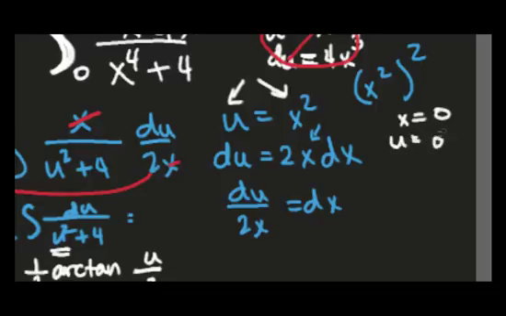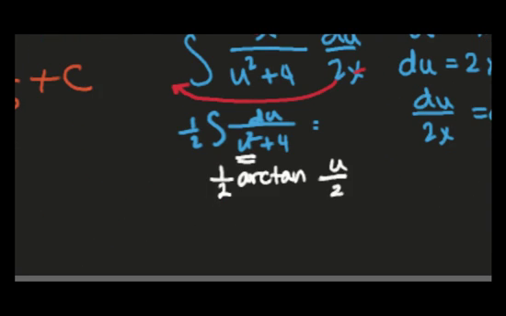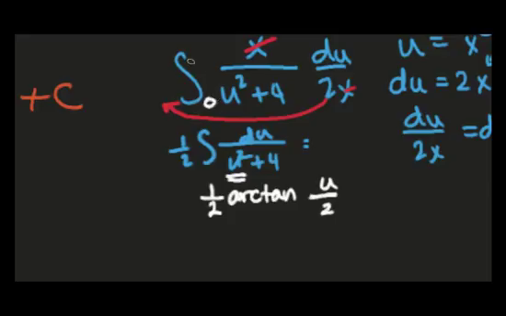Let's figure out what u equals. Well, 0 squared is what? 0. And then when x equals 1, what are we going to get? 1, right? So just by coincidence, I picked two bounds that did not change when we did a substitution. Usually they do change. Okay?